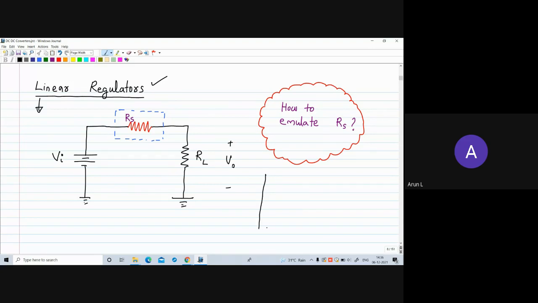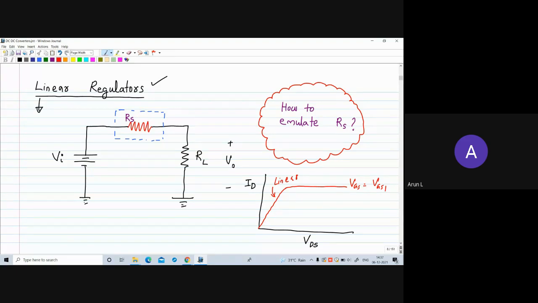If you recollect the drain characteristics of a MOSFET, that is the characteristics between drain current and drain to source voltage, for a given VGS value, the variation is something like this. So here you have a linear region. Suppose this is for VGS equal to some particular value, VGS1.